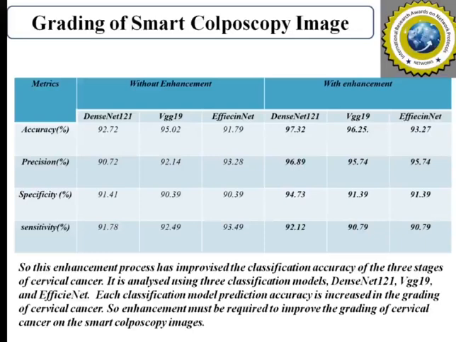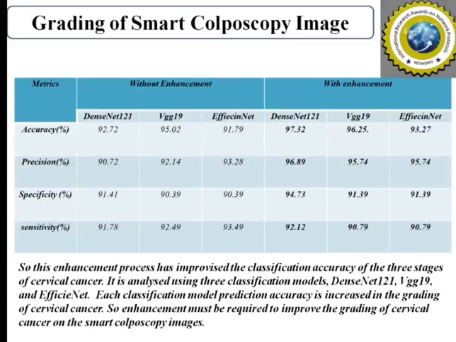DenseNet without enhancement predicts 92.72, but with enhancement it has improved up to 97.32. VGG19 is 95.02 and has improved up to 96.25. EfficientNet is 91.79 and has improved with the enhancement to 93.27.